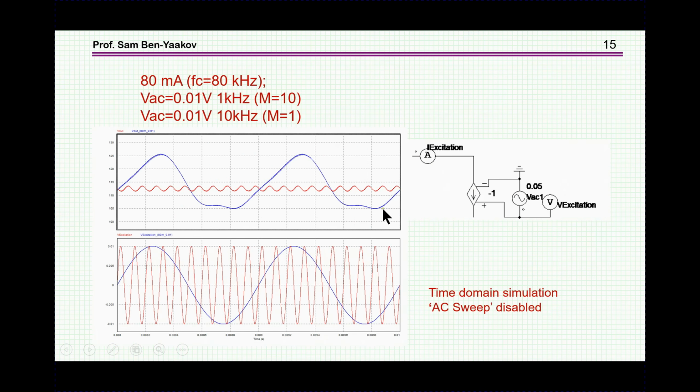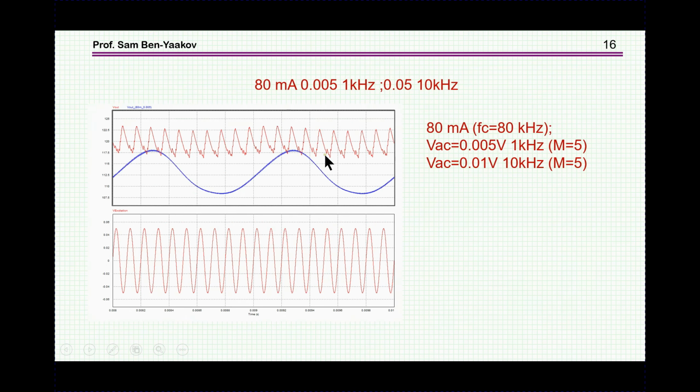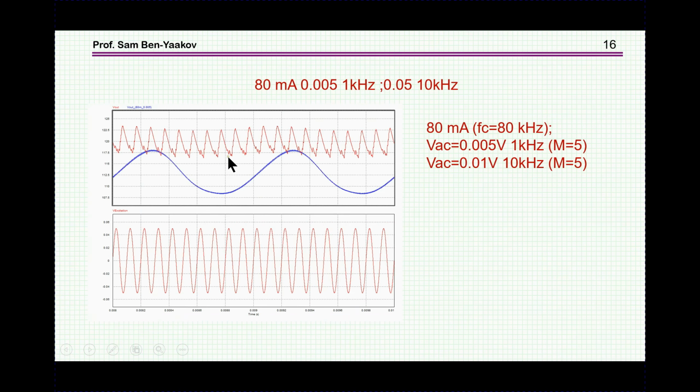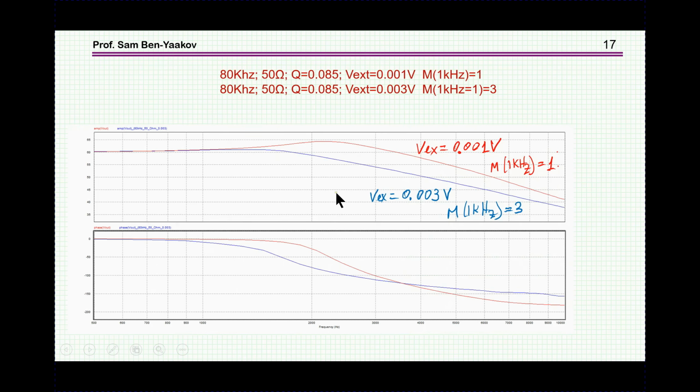M was 10, and this is 5, and here, well, it's not as nice as compared to the 1. 1 was very nice, and also here we are starting to see the high frequency ripple of the converter. So it's very important to tune the value of the excitation so as to have a nice sinusoidal waveform at the output with, of course, reasonable signal to noise ratio.